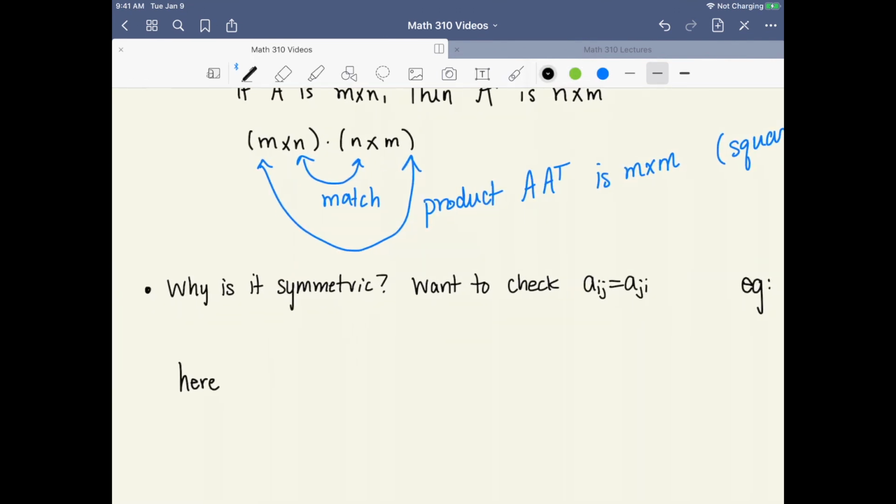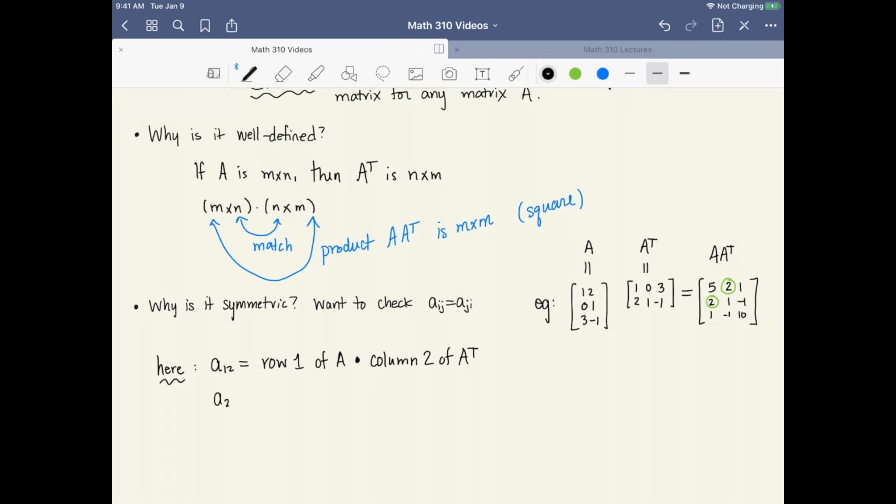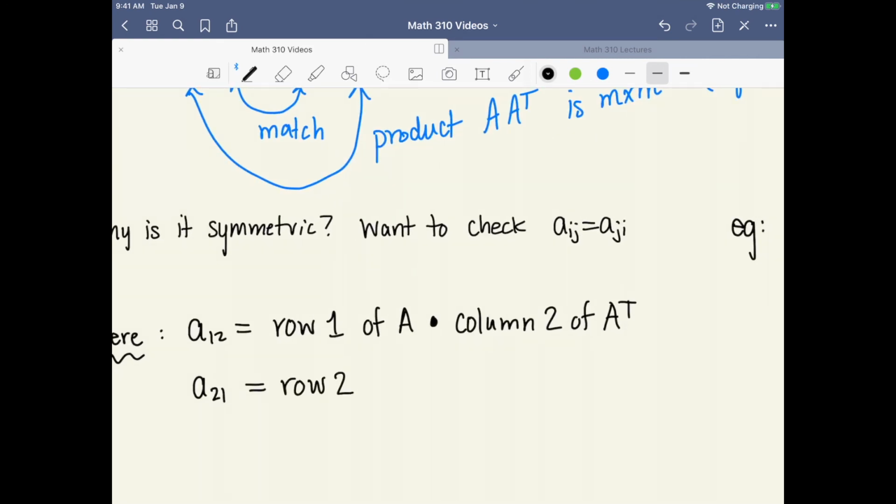So here, A12 was obtained by taking row 1 of A, that's a vector, and taking the dot product with column 2 of A transpose. And then A21, to which I want to compare it, was obtained by taking the dot product of row 2 of A dotted with column 1 of A transpose.